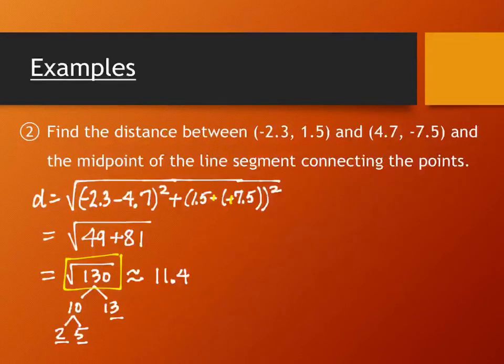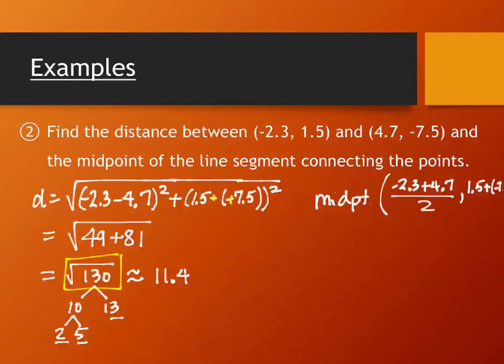All right, let's do the same thing then with our midpoint formula from before. So I'm going to add the values together. So I have negative 2.3 plus 4.7 divided by 2. And I have 1.5 plus my negative 7.5 divided by 2.